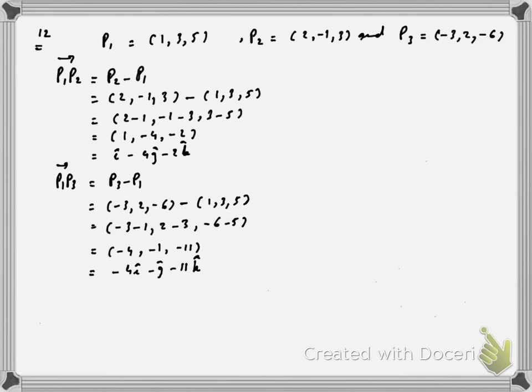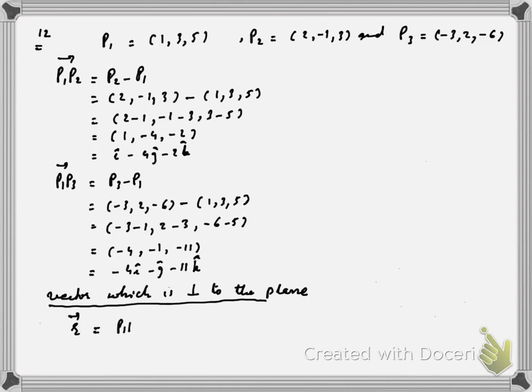Now vector which is perpendicular to the plane, suppose R, it is equal to P1P2 cross P1P3.